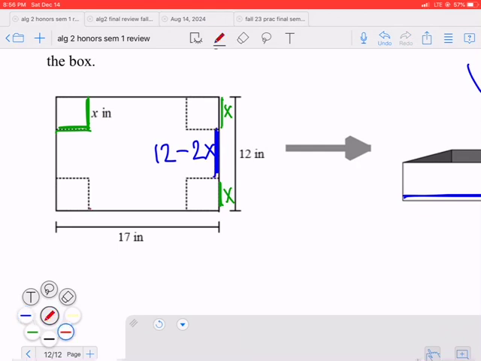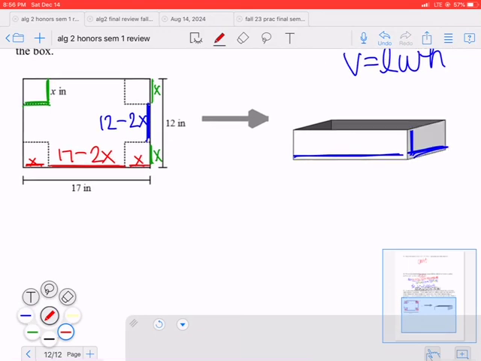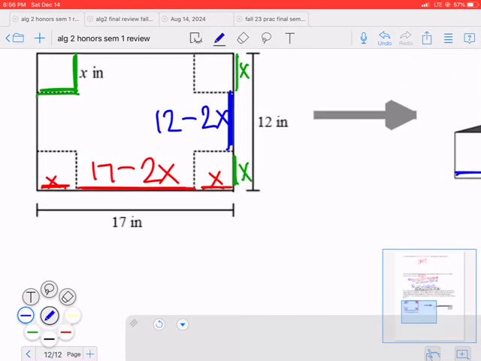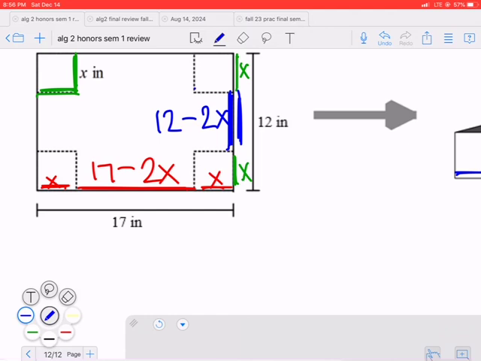Then along the bottom, this distance would be 17 minus this X, so minus 2X. I guess I drew it in a bad spot, because we're looking for, once you fold up the pieces, you have this guy.